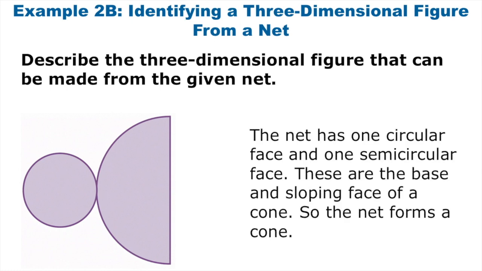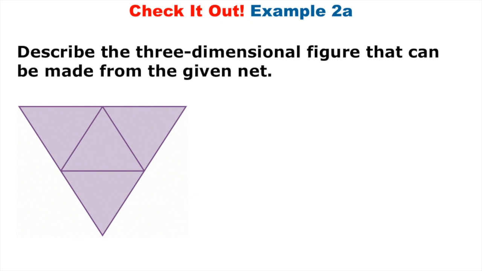In this example, we're given 4 triangles. If I think about trying to fold this shape up, I'm not going to be able to fold it so that I have 2 bases. So that tells me that it has to be a pyramid. And since all of the shapes are triangles, the base has to be a triangle, so it'd be a triangular pyramid.